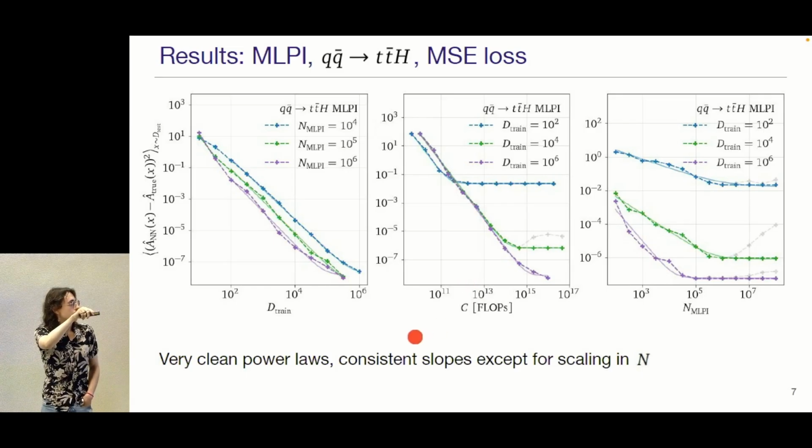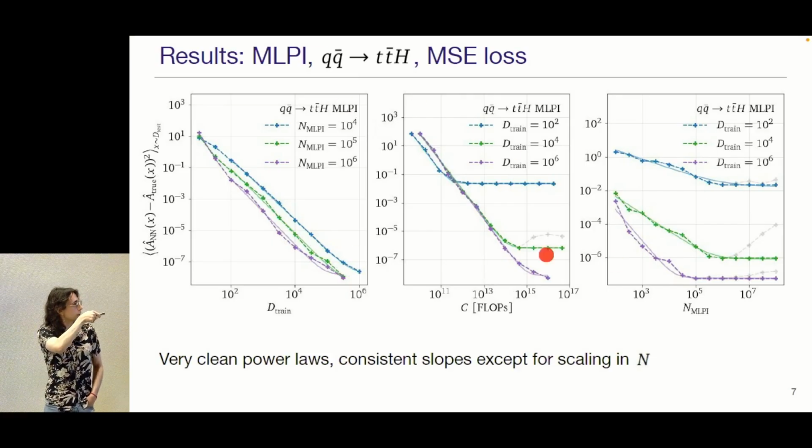Here, the compute used for training with 10 to the 2 dataset size, 10 to the 4, and 10 to the 6, and so on. And here, the scaling in the number of parameters of the model. And the results are quite good. This is for the QQ to TTH.